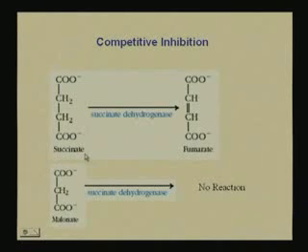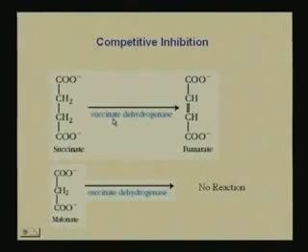So here is succinate, here are the hydrogens, it's going to form the double bond. So there is a specific enzyme called succinate dehydrogenase, and it works only on succinate and removes the hydrogens to form a double bond here.